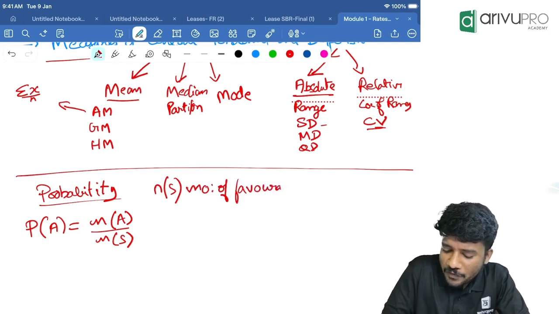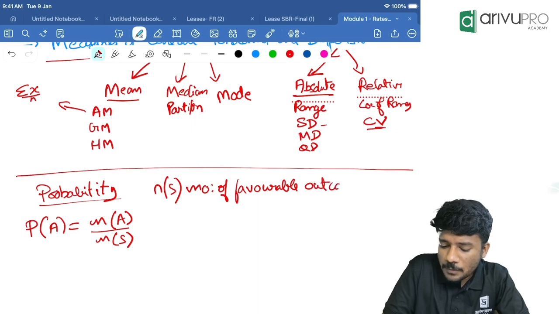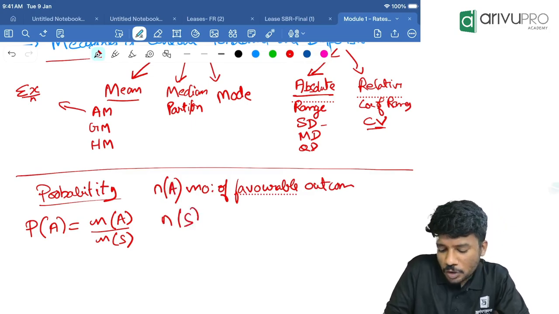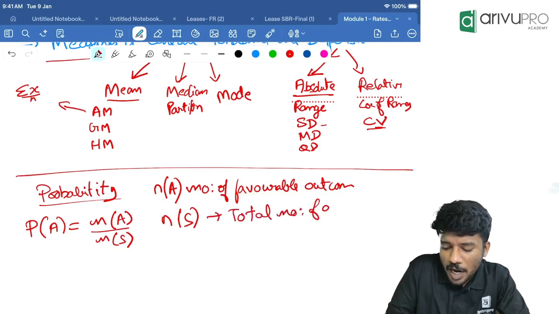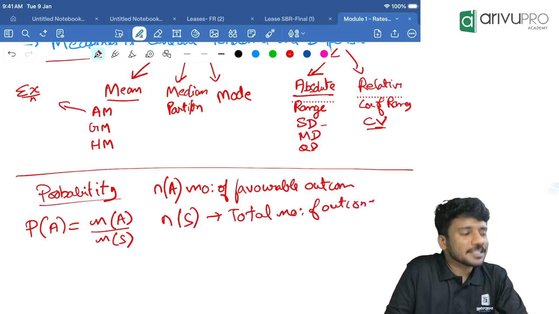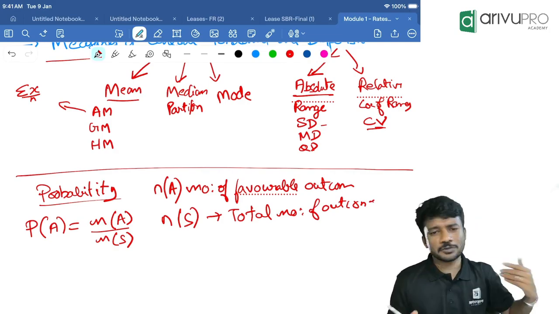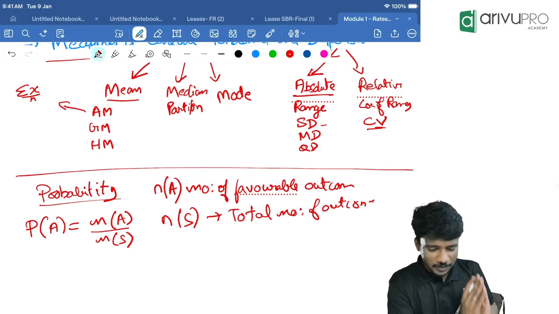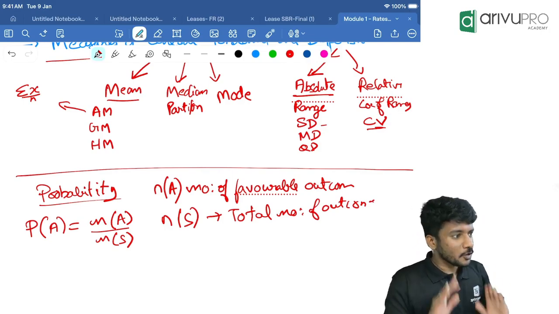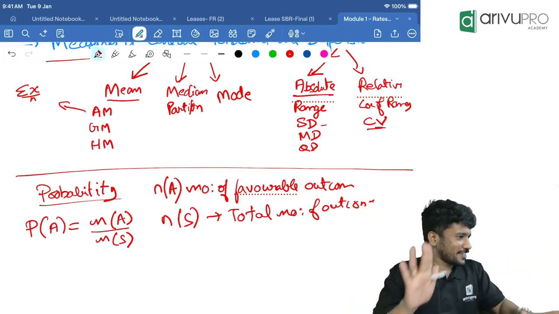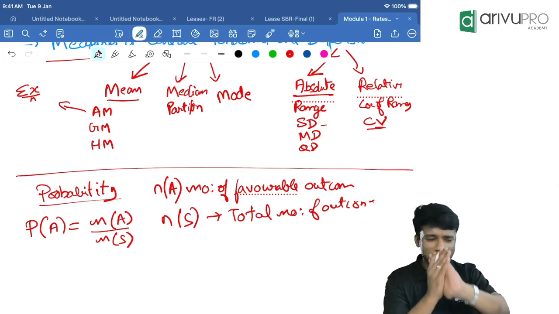Total number of outcomes. Have we studied this? Yes, we have studied it in our 8th, 9th, 10th standard and all. We have studied it in 11th or 12th also, if you are studying probability. This also we will use here. Same concept, but the flavor will be different. That's the only thing. Other than that, the concept is the same.